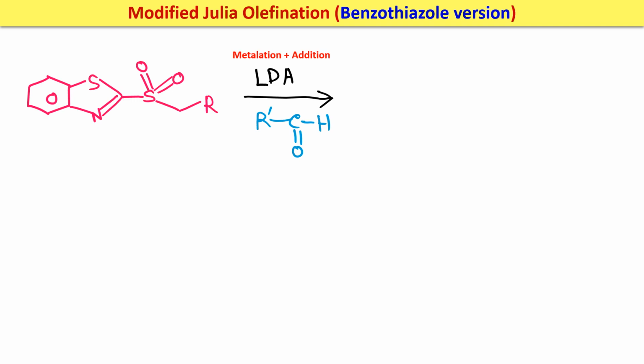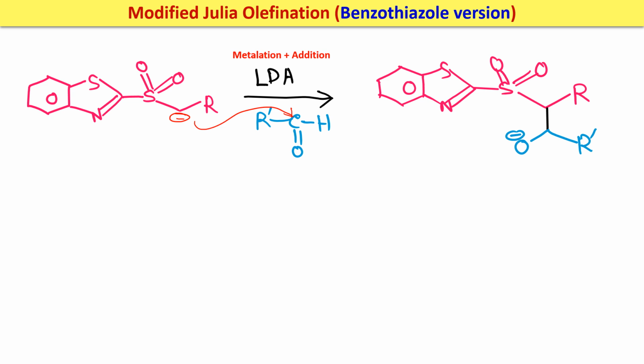So here what we are doing, in presence of LDA there will be metallation, that is there will be negative charge generation in presence of base, and that will attack, right? Now as it can attack from both sides, there will be possibilities that two diastereomers will be formed. Though the stereochemistry I have not shown, the possibility is there. And unlike the previous version, where you have seen there is a common anti intermediate, that is not happening here.